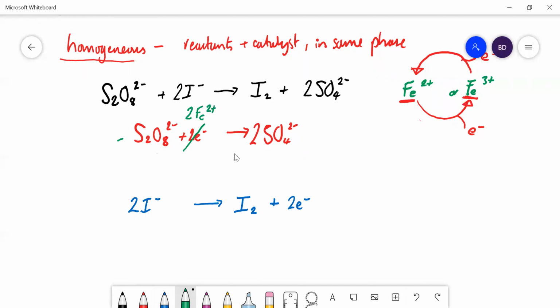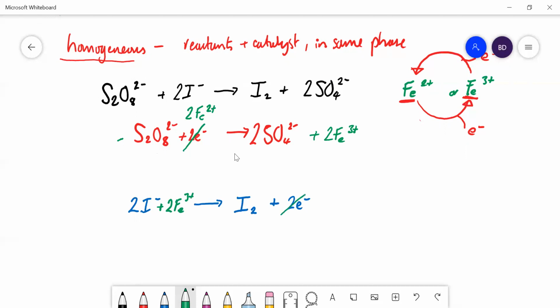And when they've given their electrons away, those Fe2+ are going to turn into Fe3+. So that's one equation there. Now for this one here, the iodide is going to give away the electron. They could give it to an Fe3+. You need 2 of them.